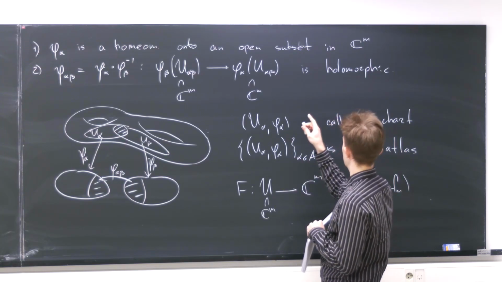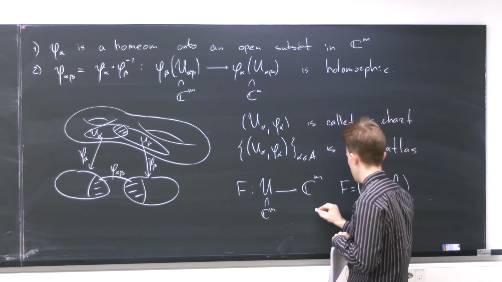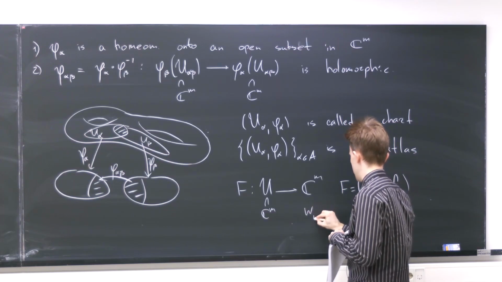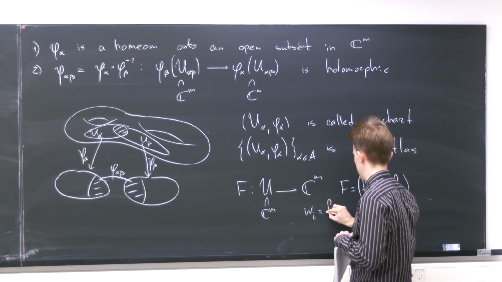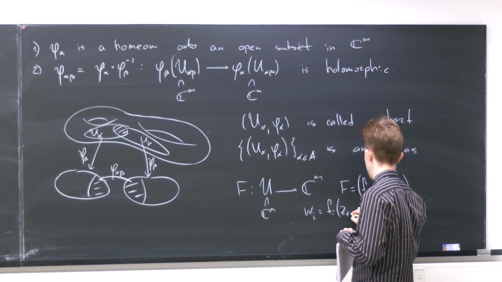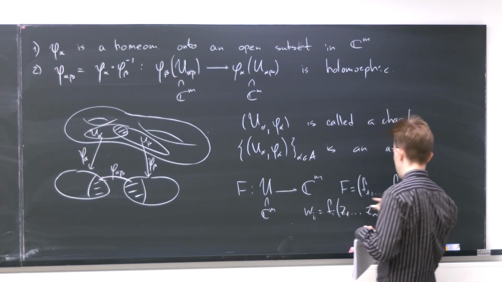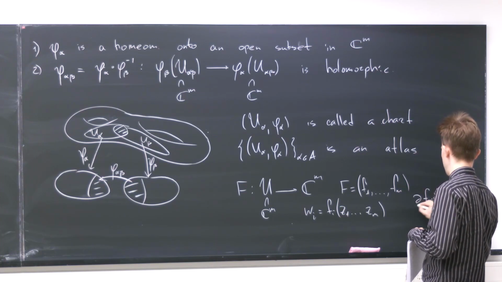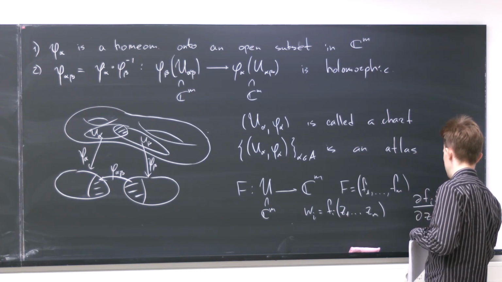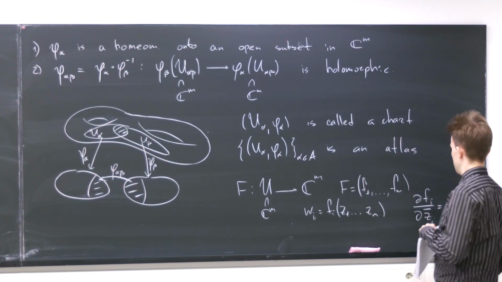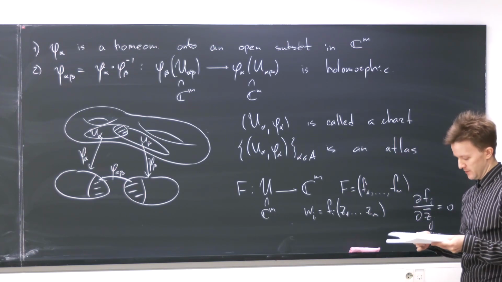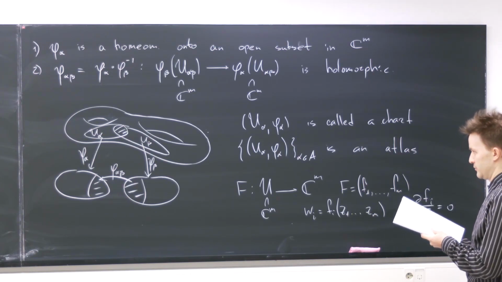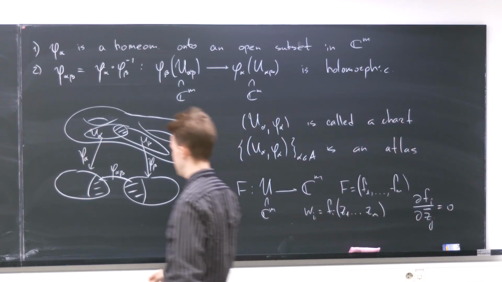So that is what is meant when the map is holomorphic. We can write w_i equals f_i of z_1 and so on z_m, and the condition is that the partial of f_i over d z_j bar equals 0. So that's the usual definition.